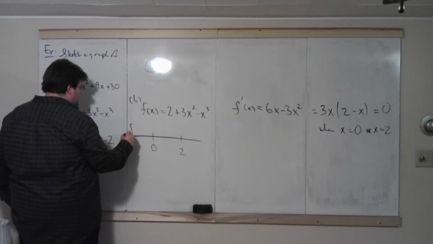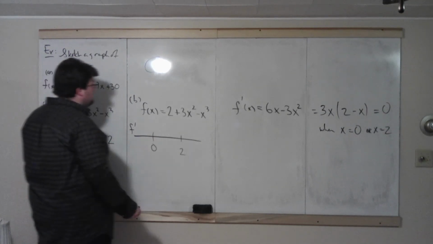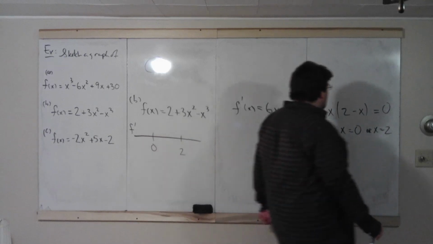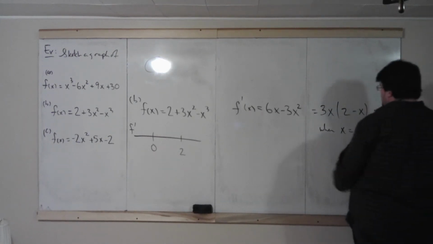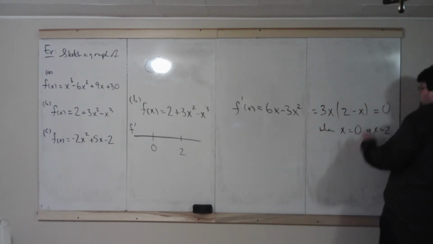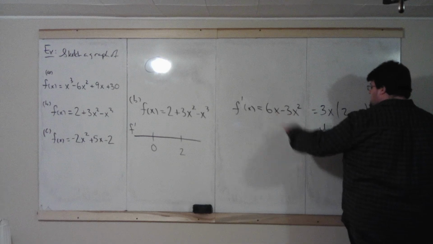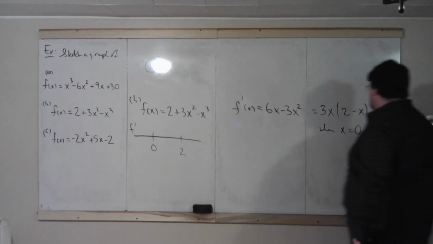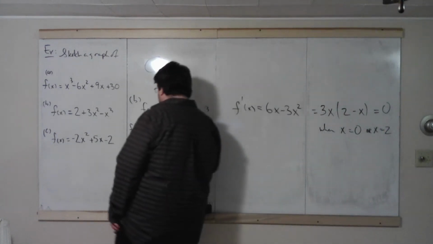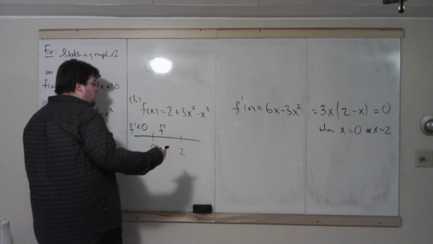What is f prime over here? Well, on this interval, let's pick a number. Negative 1. Evaluate at negative 1, and you could jump here, find a number again. I would generally steer toward the factored form. X equals negative 1. We have a negative times a positive. Negative times a positive is a negative. F prime at 1.